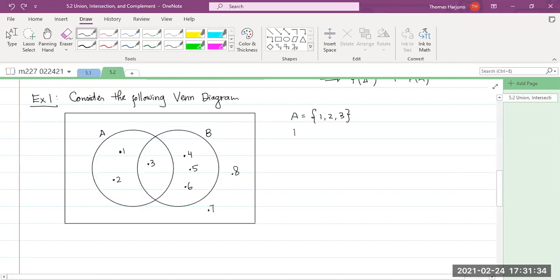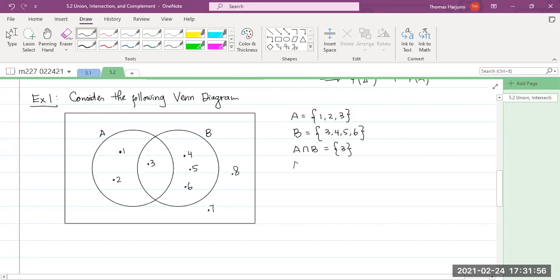How about the elements of set B? 3, 4, 5, 6. That's right. Now, how about the elements in the intersection? Just 3. That's right.